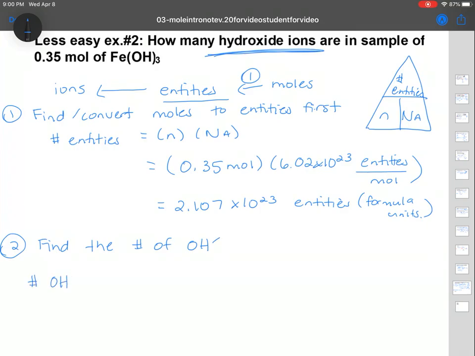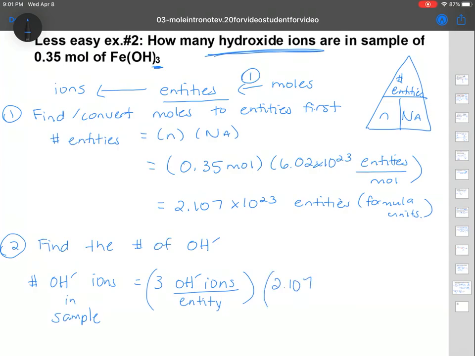And so we have how many hydroxide ions are there in our formula unit or entity? There are 3. How many entities do we have? Well, there it is.